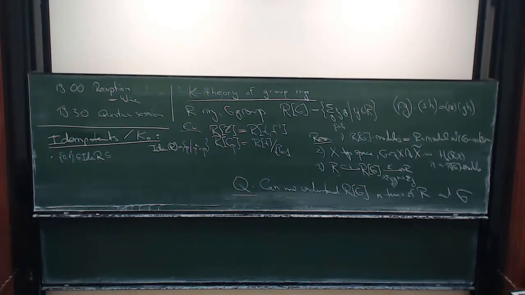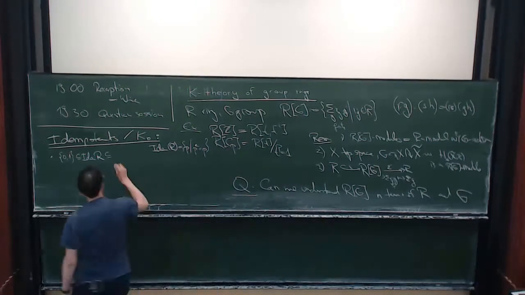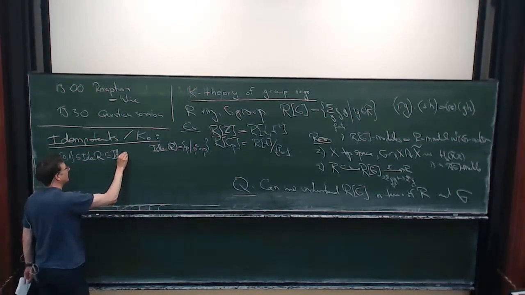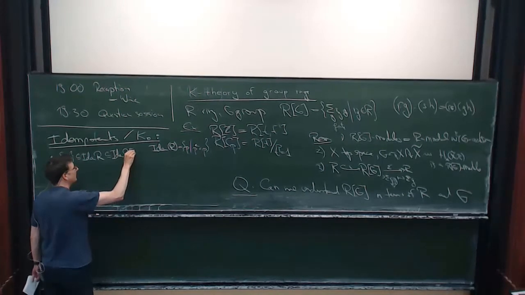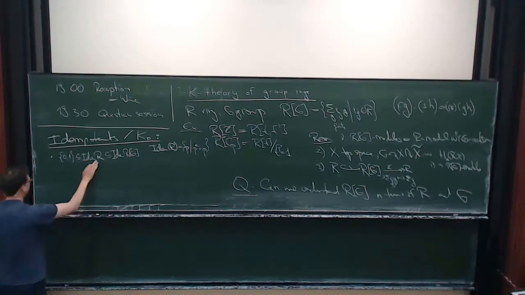And every idempotent in R is, by this inclusion map, also an idempotent in the group ring. So the group ring has at least as many idempotents as the ring. It cannot have fewer.